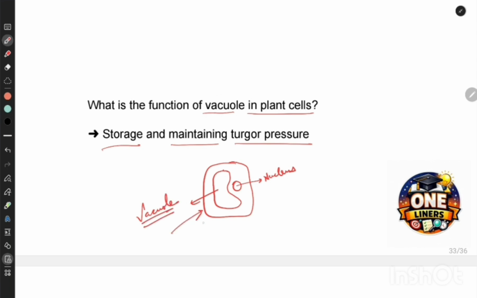So if water enters from outside, cell has to put pressure so that excess water cannot enter the cell. So this is known as the turgor pressure. So if excess water comes in, cell will burst, right? So to maintain that turgor pressure, to maintain this shape of the cell, pressure has to be applied. So in it, which helps? Vacuole helps. Okay.